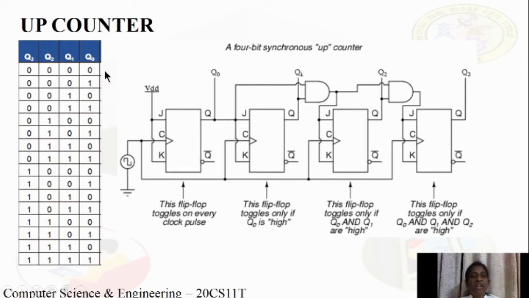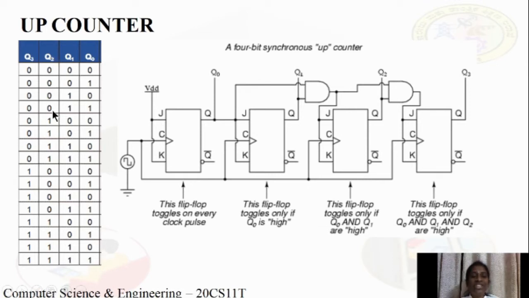Next, similarly, the Q2 values we need. Q2 is the output of the third flip-flop. This flip-flop should change its state whenever the clock as well as the JK inputs change. That means this flip-flop should toggle only if the Q1 and Q0 values are high.